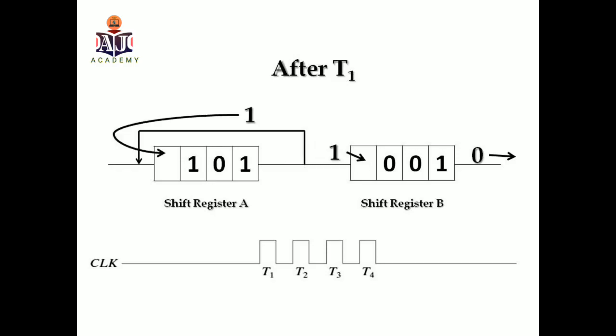Like this. After clock transition T1, A contains 1101 and B contains 1001. Like this, all other clock transitions are also going to witness the shift of bits from register A to register B.